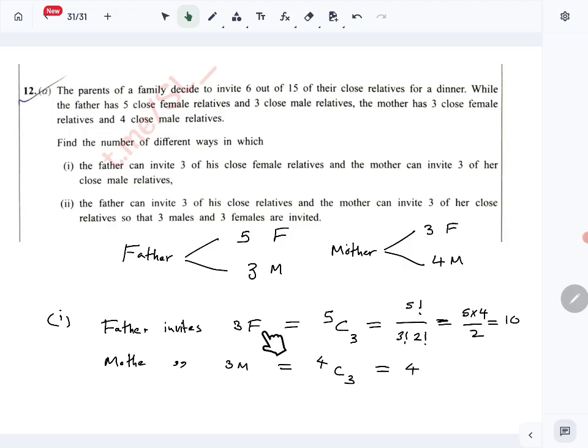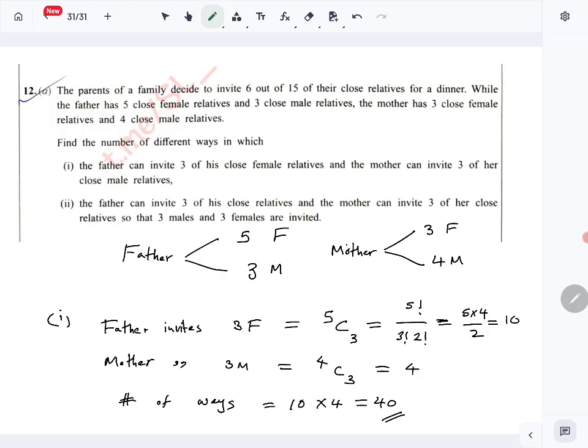Father invites 3 females, 10. Mother invites 3 males, that is 4 ways. So the total possibilities is 10 times 4. Right. So total number of ways is 10 into 4, 40 possibilities. Right. So that is the first part.